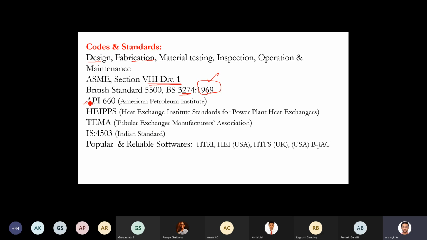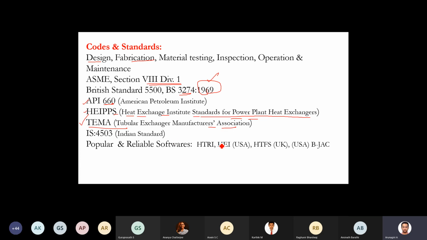Then another one is API 660, American Petroleum Institute, which discusses codes and standards of heat exchangers. Another one is HEIPPS, Heat Exchange Institute Standards for Power Plant Heat Exchangers. Then TEMA, the well-known one used in heat exchanger design, Tubular Exchanger Manufacturers Association.